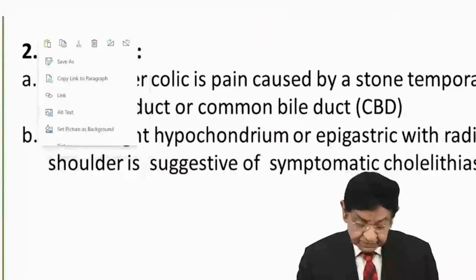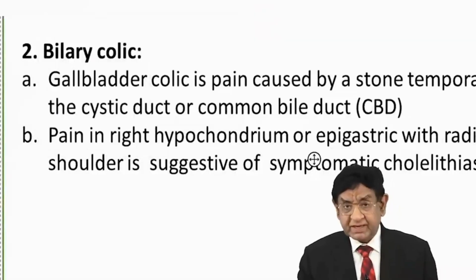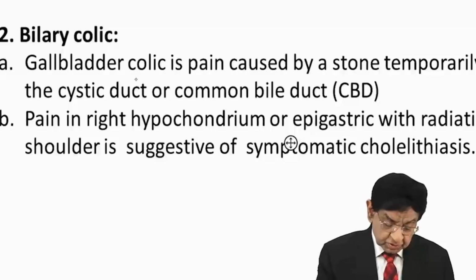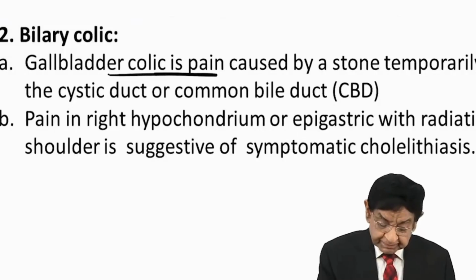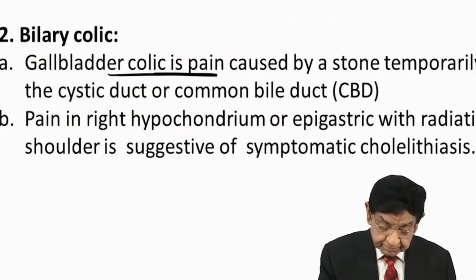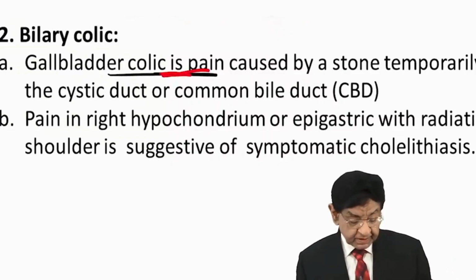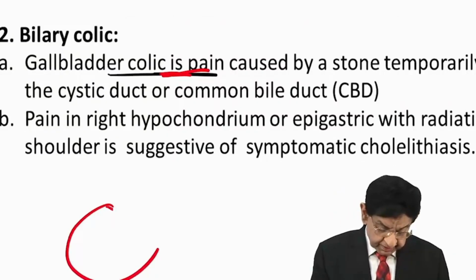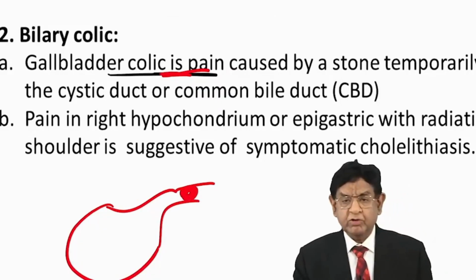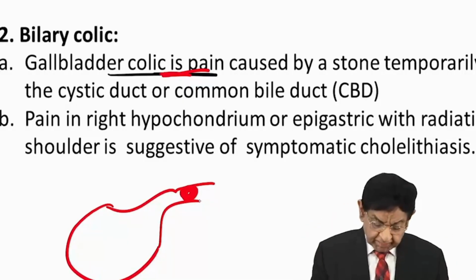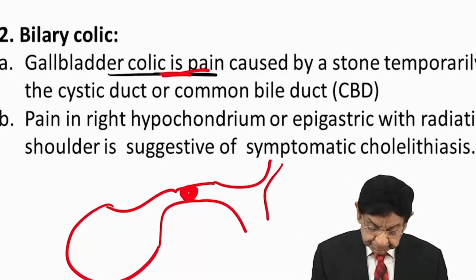Otherwise, the most common other than asymptomatic is biliary colic, so-called gallbladder pain, which is severe pain. Especially when the cystic duct gets blocked, or maybe the common bile duct gets blocked.